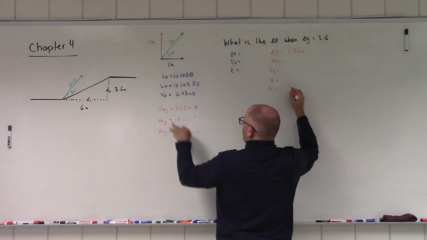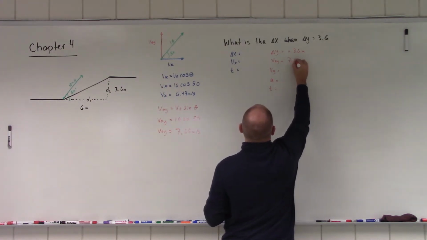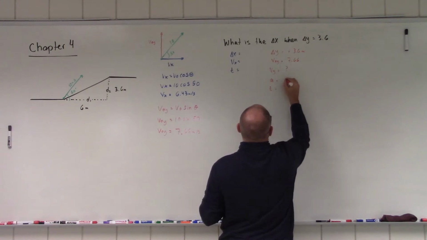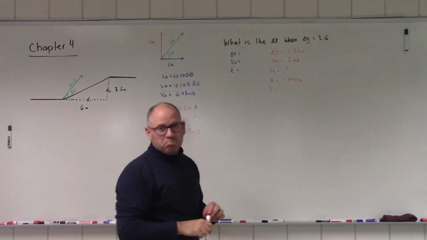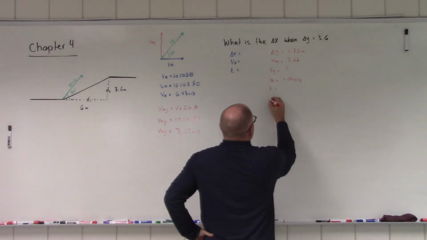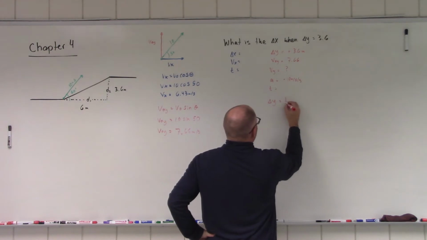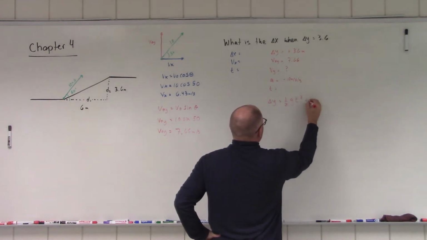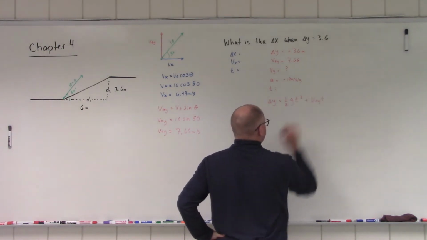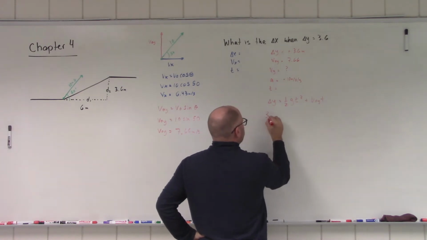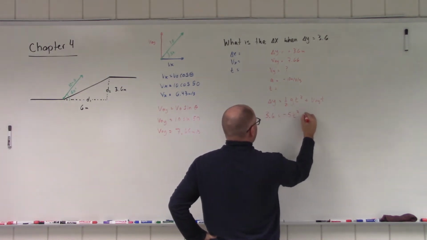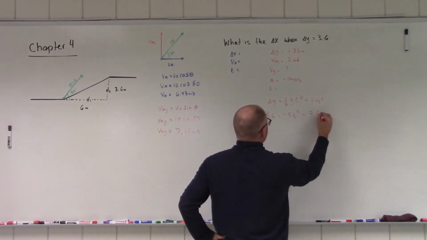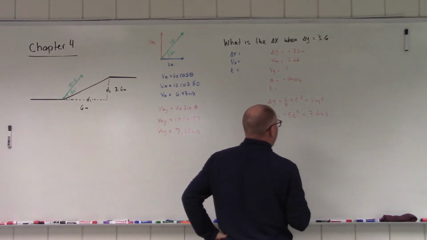V0y, we know from here, is 7.66. We don't know the time. We know a is negative 10. We're going to need the time and then plug it in here. So delta y is equal to 1/2 gt squared plus v0yt. Positive 3.6 is equal to negative 5 t squared plus 7.66 t.